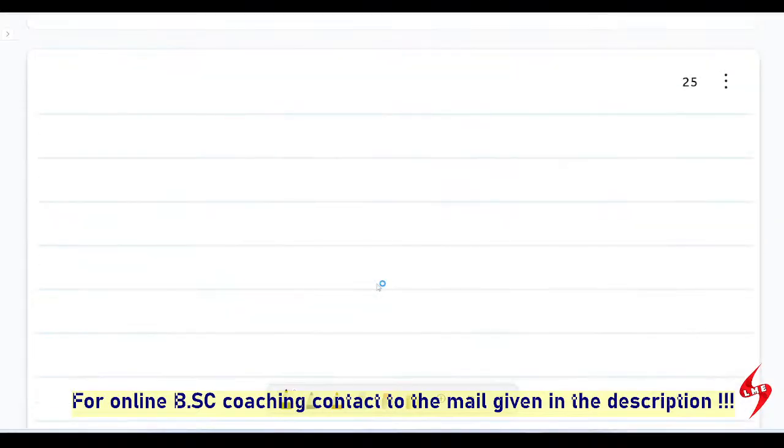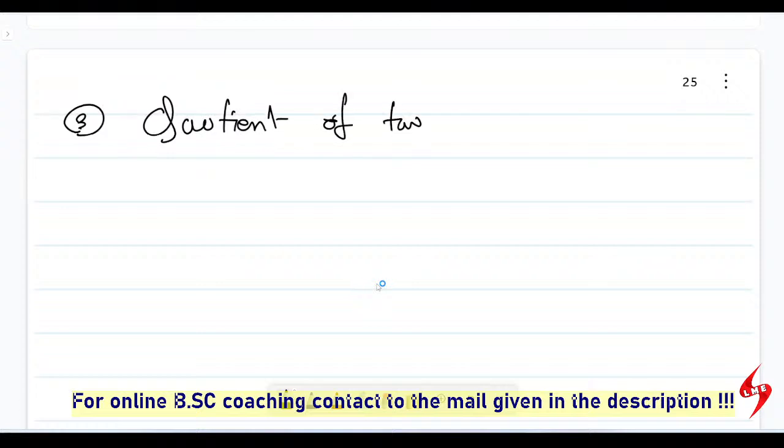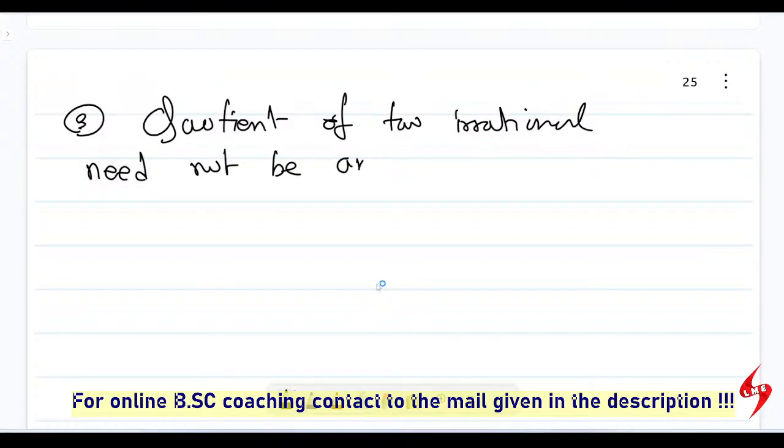Next property is the quotient of two irrationals need not be an irrational. It may be rational, it may be irrational.